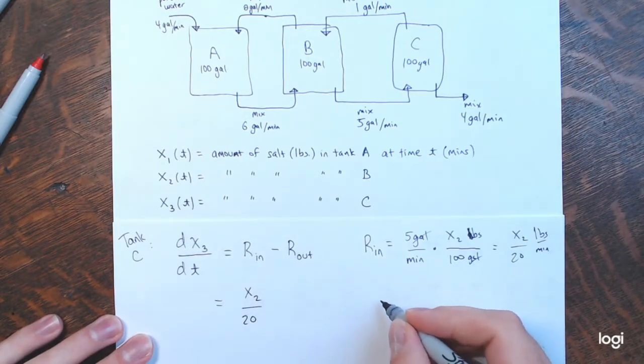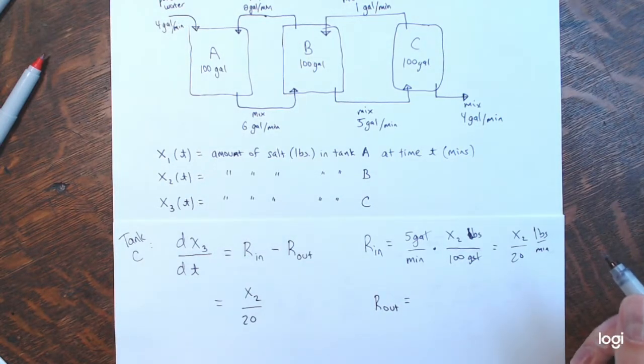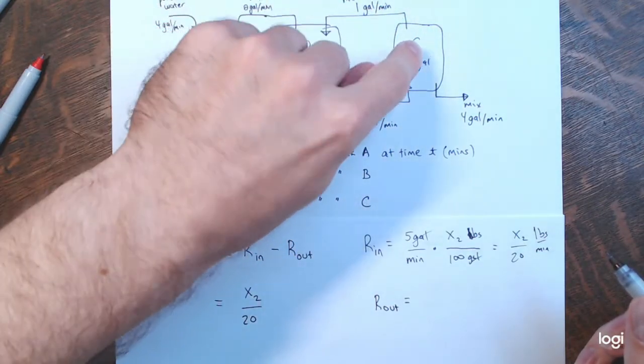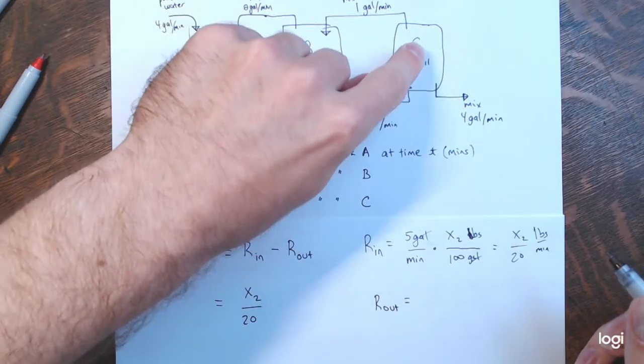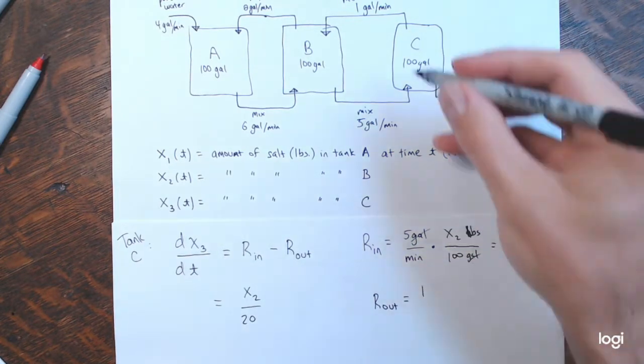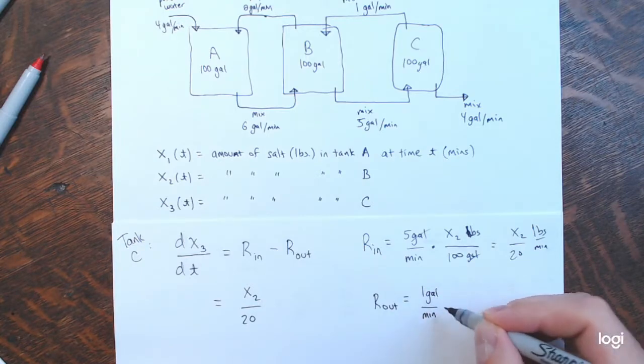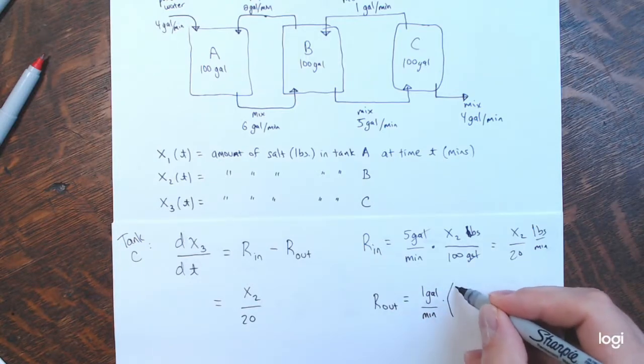And then the rate at which it's leaving the tank, well, there are 2 arrows coming out of the tank, and both with that tank C mixture, so they'll have the same concentration. So I've got the one up here with the 1 gallon per minute times the concentration, which would be x3 over 100.